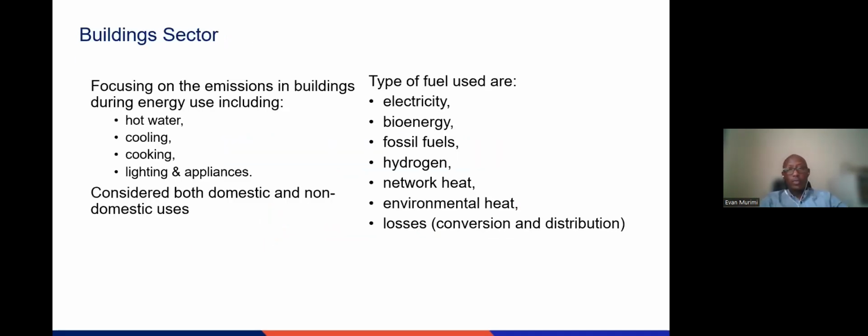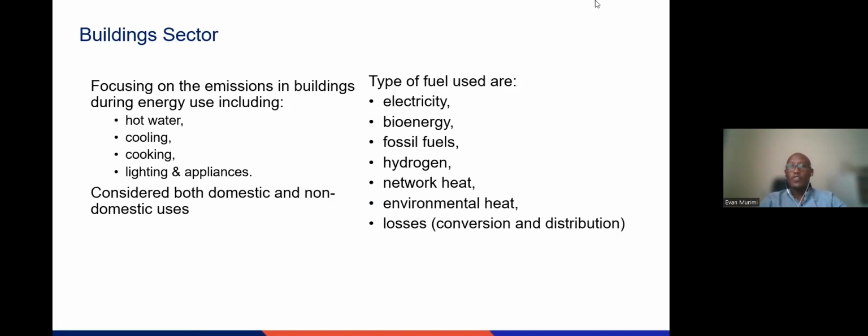Now, let's look at the building sector. Here, we are focusing on the emissions that are from the buildings during the use of the buildings. Looking at the main uses in the country, we are looking at the hot water, cooling, cooking, and the lighting and appliances. So we looked at both domestic and non-domestic buildings, the buildings that are mainly used for commercial uses.